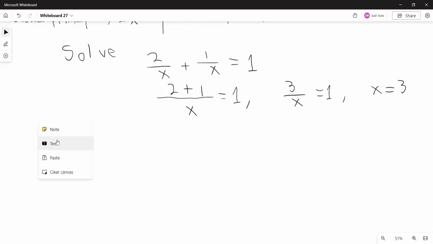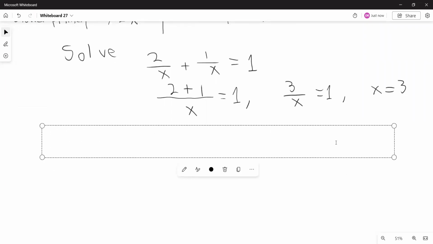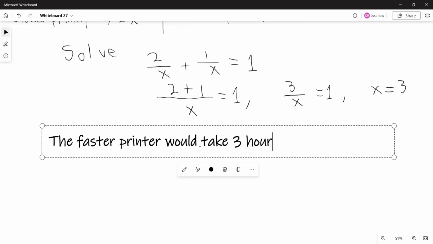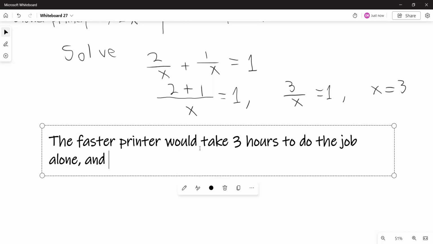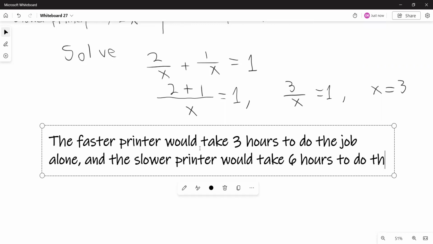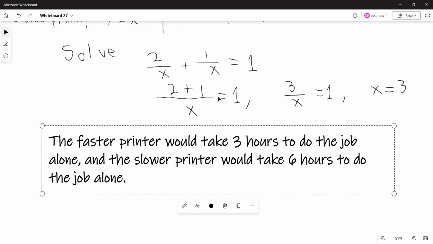So the faster printer would take 3 hours to do the job alone, and the slower printer would take twice as long. Okay, thank you for listening.